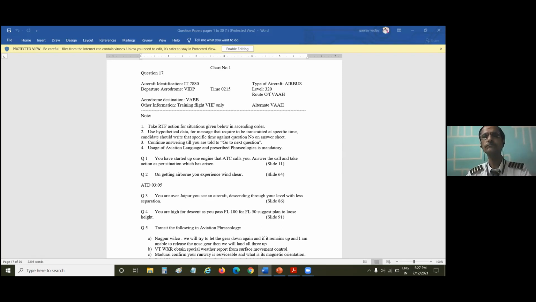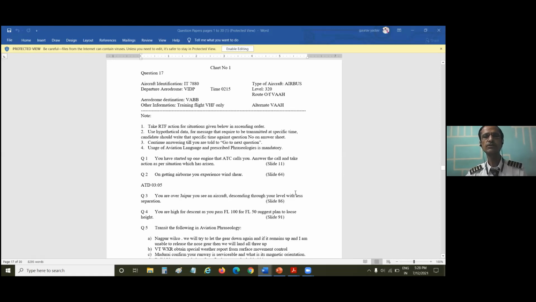Actually, wind shear is a phenomenon linked with meteorology. It's a meteorological phenomenon because we are saying wind shear, not just plain shear. Shear means, of course, some friction somewhere. Okay, this is wind shear. When we talk about wind shear, I told you you have to study a little bit of meteorology also here.